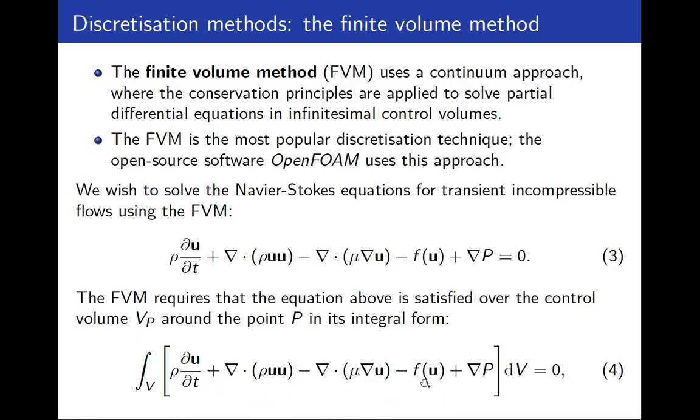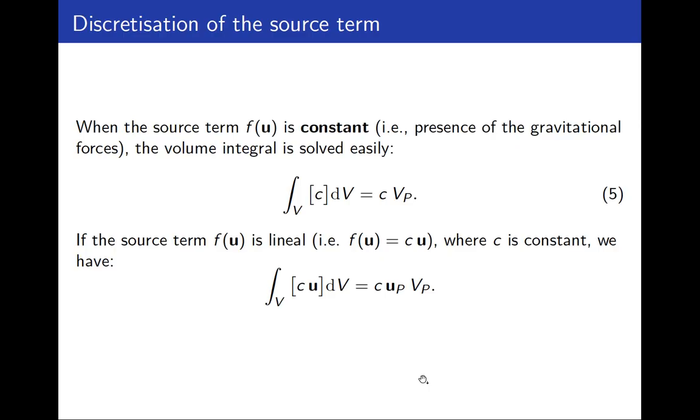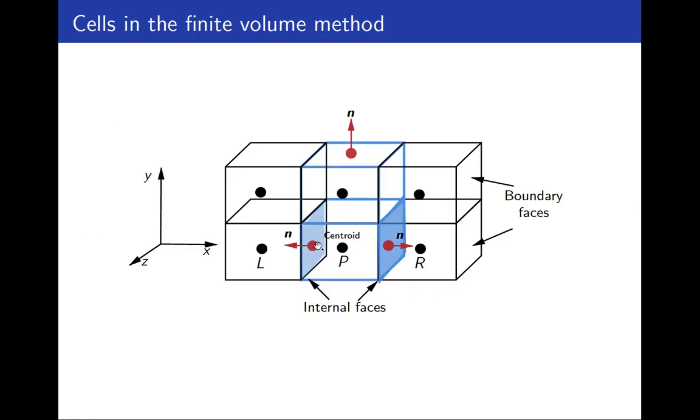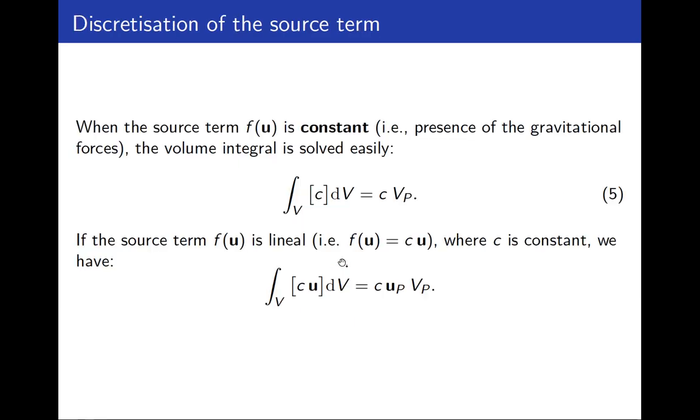So let's start with the simplest one, which is the source term. So when the source term is constant, for instance, where there is the presence of the gravitational forces, the volume integral can be solved easily. So the volume integral of a constant is just the constant multiplied by the volume of the cell, in this case, the volume of this cell here.